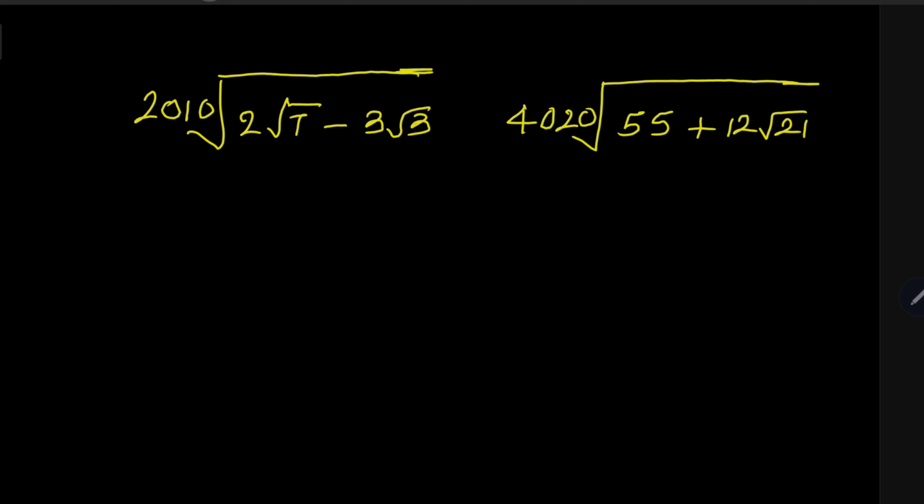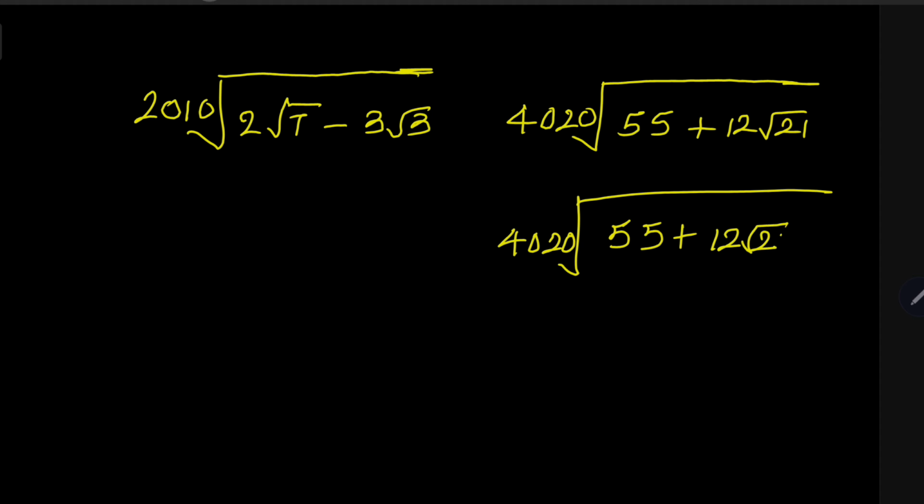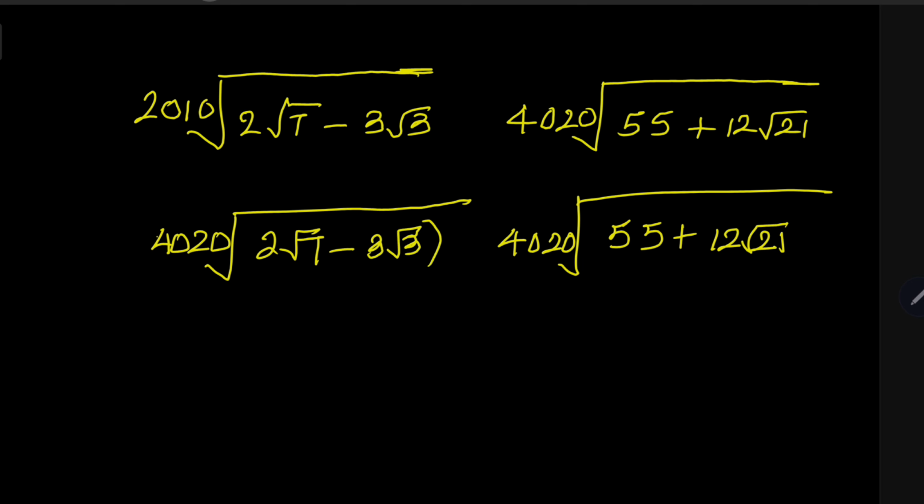Now what is the relation between 2010 and 4020? 4020 is 2 times 2010. So let us try to get both of them to the root of 4020. So I will leave this 4020th root of 55 plus 12 root 21 as it is, and we will change this one to the 4020th root of (2 root 7 minus 3 root 3) whole square.